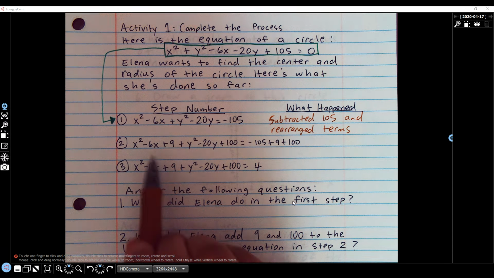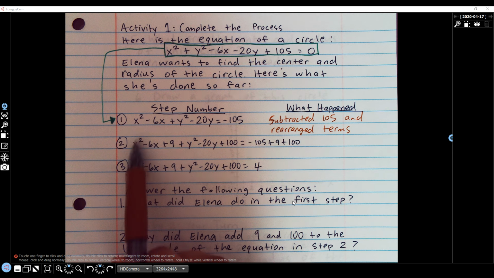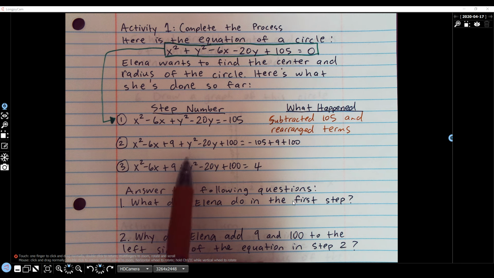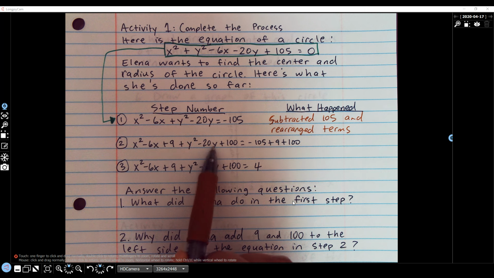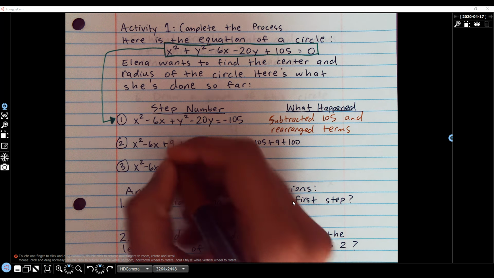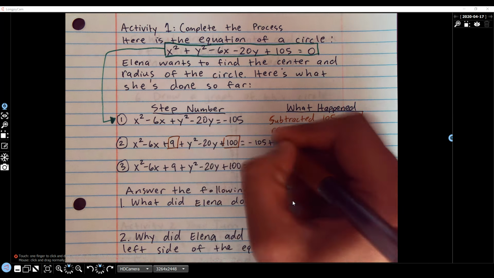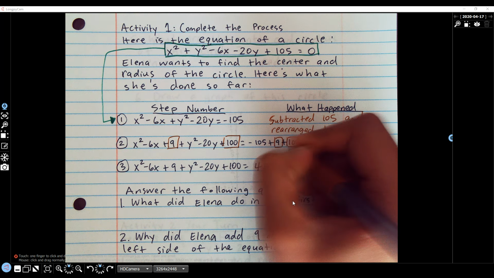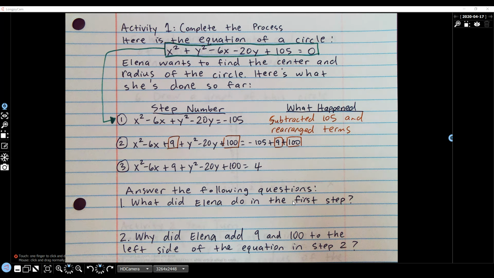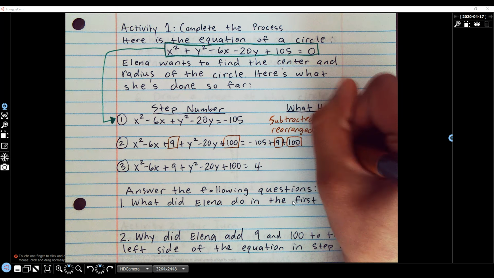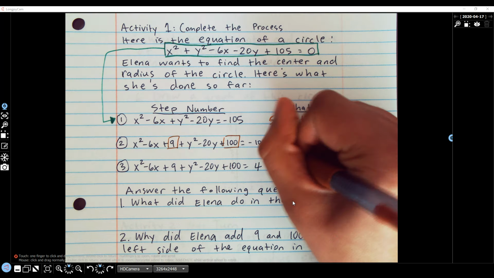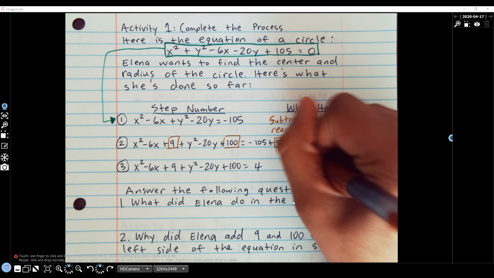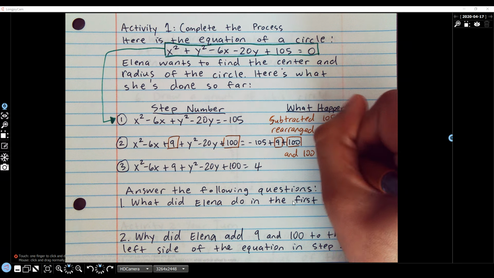Now we have the same part over here, the x squared minus 6x and the y squared minus 20y, but now you'll notice she has added 9 and 100 to both sides of the equation. So I'm going to write this down: added 9 and 100 to both sides.